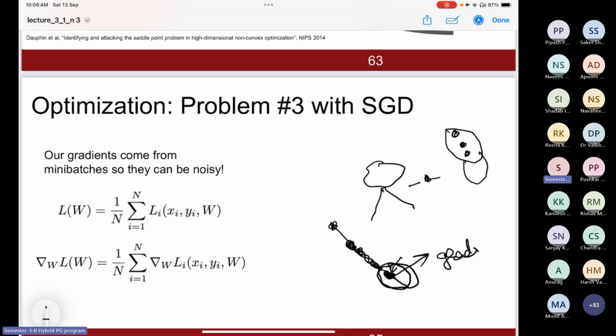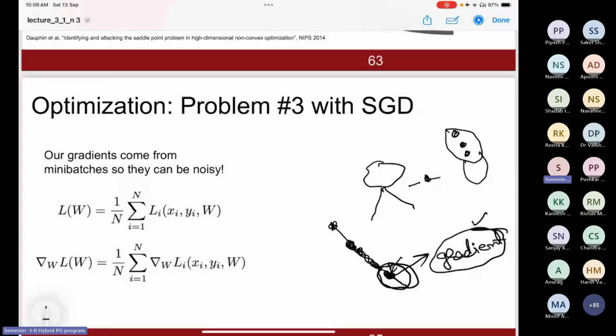This game is based on the gradient only, that's why it is gradient descent. So if you're getting a wrong gradient, then your update will be wrong, because your W is updating based on the gradient.